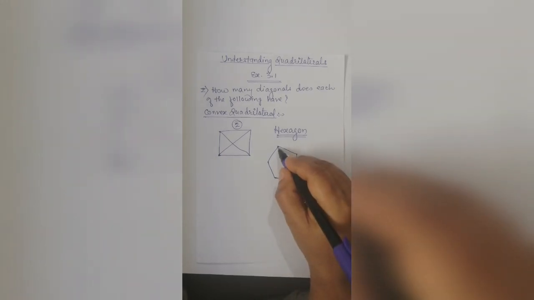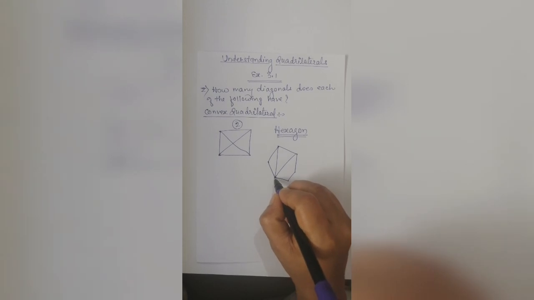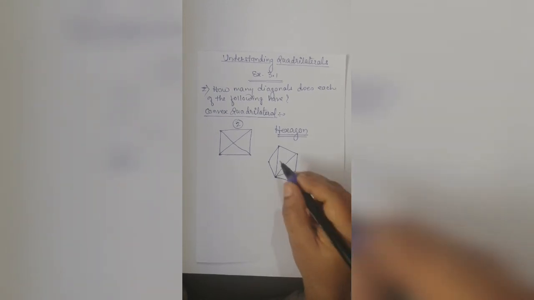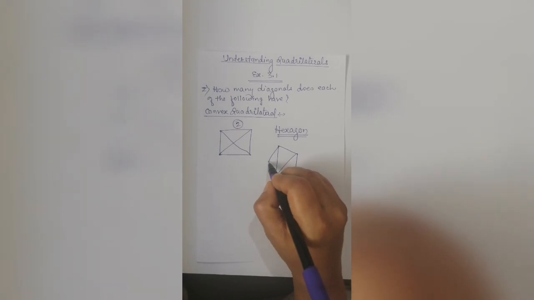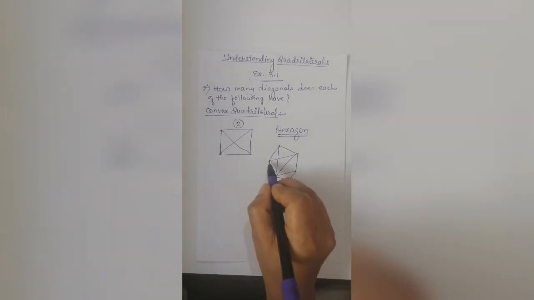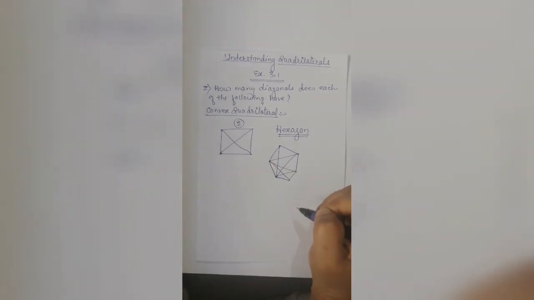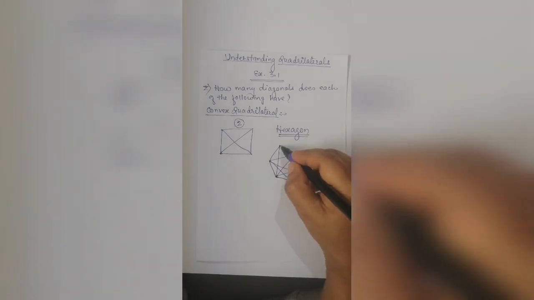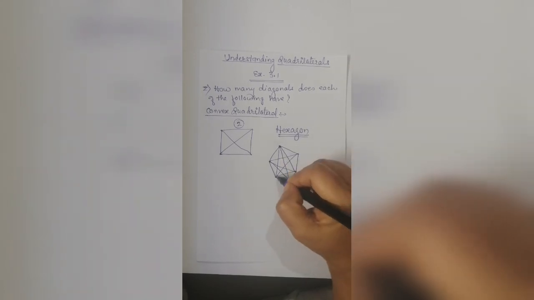That means this and this vertex, this and this vertex, this and this vertex. These are three, but in a hexagon many diagonals can be drawn. For example, from this vertex we can draw this, from this one we can draw this, and from this vertex also. Now from this vertex we can draw this and this, because this one we have already done.